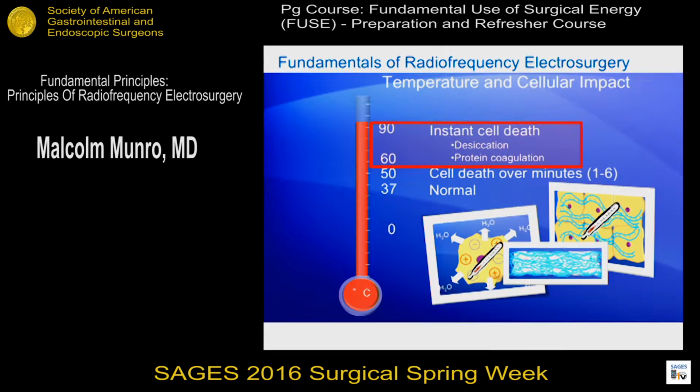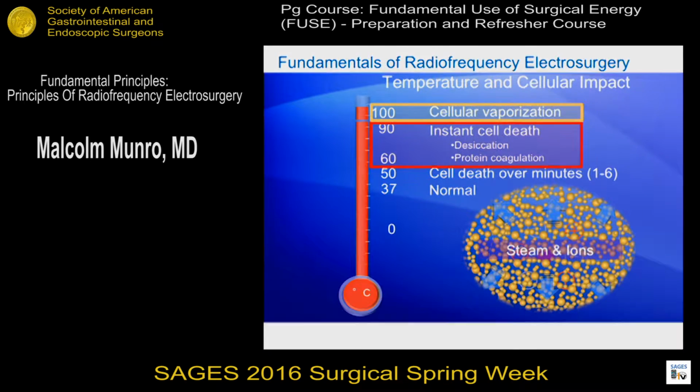So most of our instrumentation, where we get this immediate feedback, be it visual or otherwise, is getting our tissue temperature to somewhere between 60 and 95 degrees centigrade pretty instantaneously or quite quickly. And what happens is the processes of desiccation and coagulation that we'll talk about.